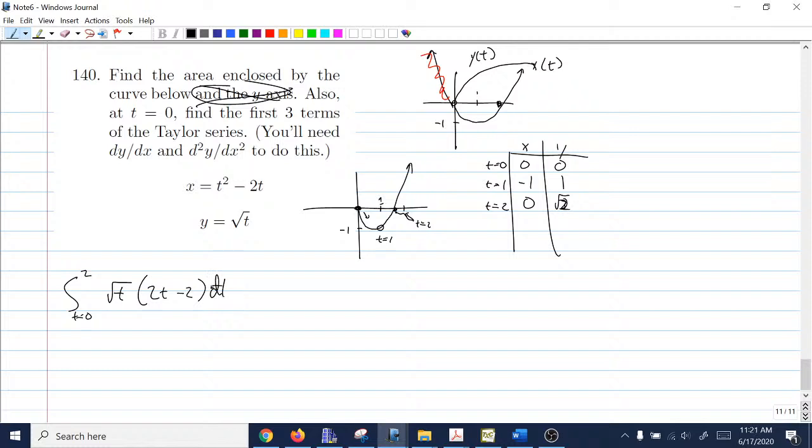Will it come out positive or negative? My y values are negative. My dx values are positive. Wait, y values are... I've done this picture wrong. Something is wrong here. My y values are supposed to be positive.